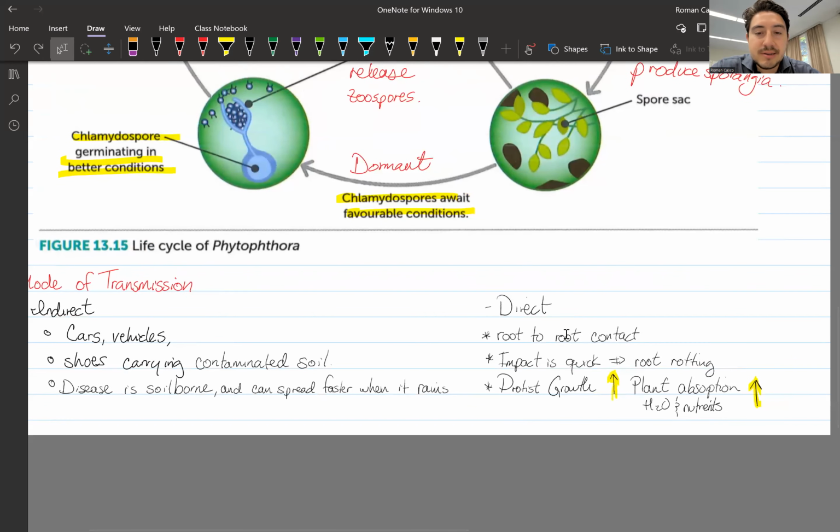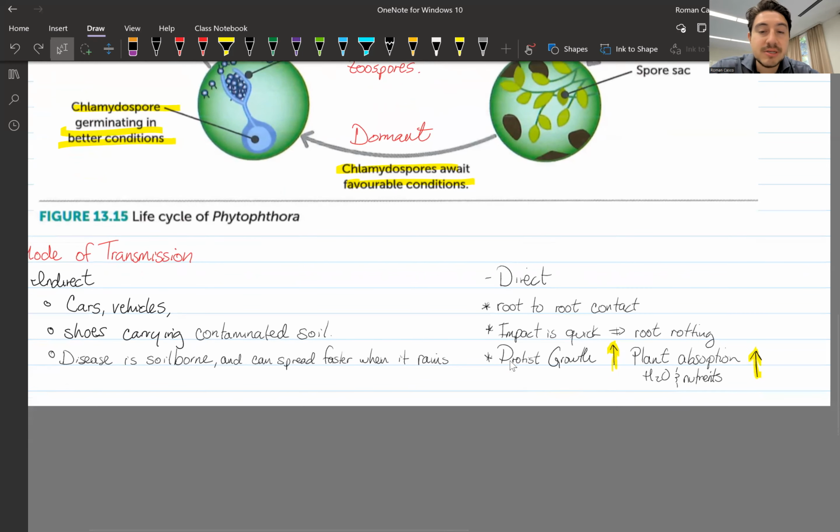And once you get infected, the progression of symptoms and overall maladies is pretty quick. One of the main things occurring is that the root starts to rot. How that works essentially is that the protist is growing, as there's an increase in protist population growth. Of course, the protist absorbing the water and the nutrients will also increase.